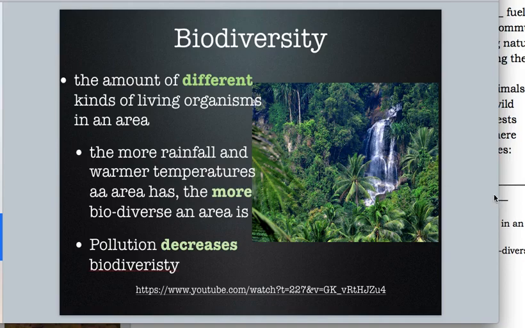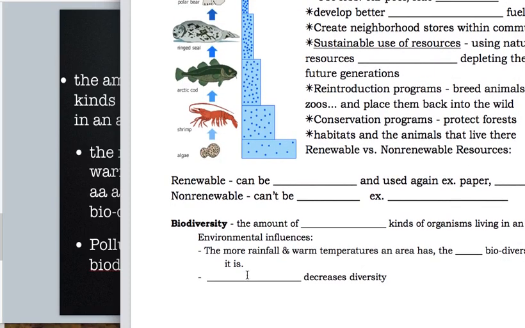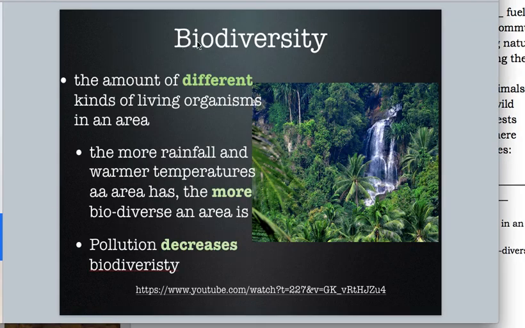Okay, this leads us to biodiversity, which is the very end. Okay, bio meaning life. Diversity, y'all know what diversity means. Diversity means difference. So it refers to the amount of different kinds of living organisms that live in an area.